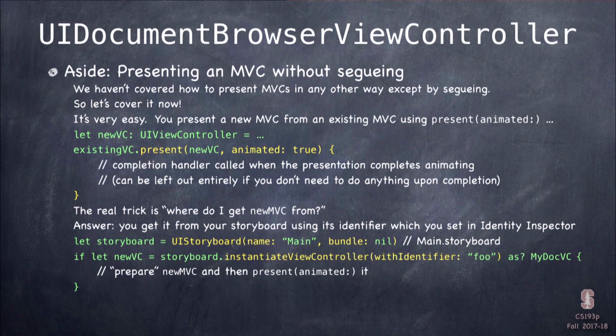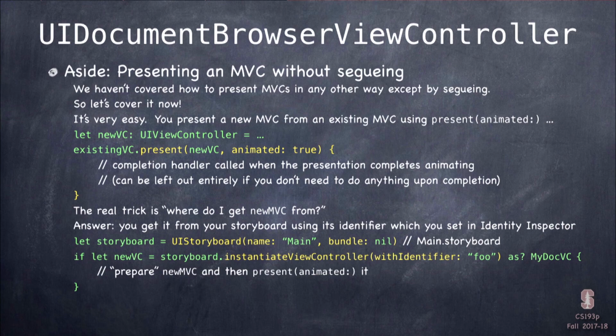You get an instance of your storyboard, which you get by saying UIStoryboard name, and you know that our storyboard has always been called main.storyboard, but we haven't talked about the fact you can actually have multiple storyboards, perfectly legal. We always just have that main, and bundle is nil there because that means your main bundle. So you get the storyboard, and then you ask the storyboard to make you an MVC with that name by saying instantiateViewController withIdentifier.